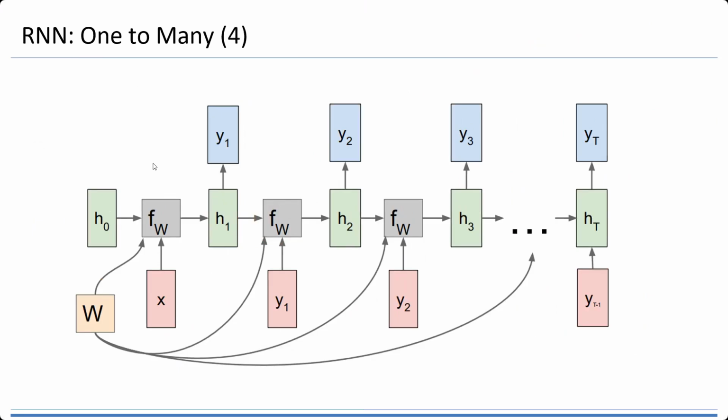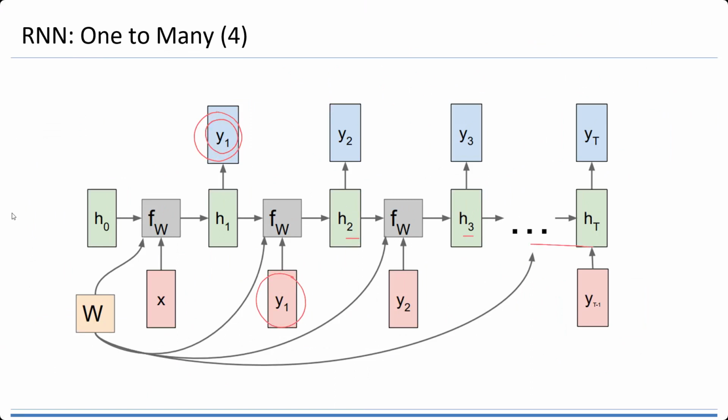In another case, we cannot provide the input in step 1, step 2, step 3 until step n, but we can use the output.